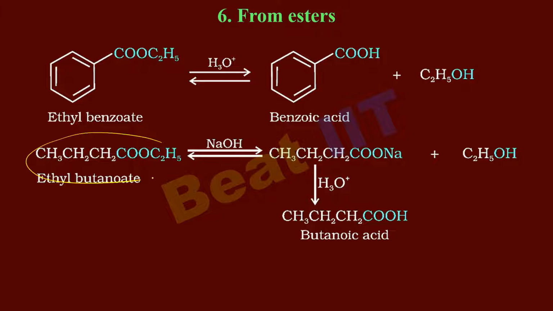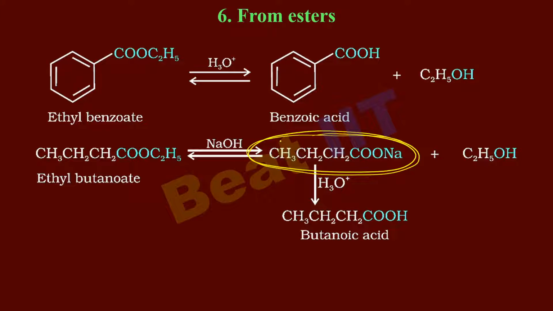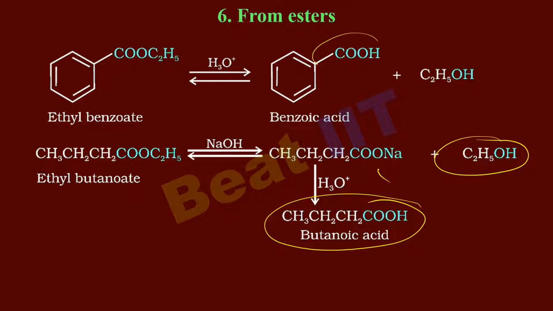Similarly, in this case, this is an aliphatic ester. In this case, we preferably use a strong base. It is hydrolysis, but normally, to get the salt of the acid first, we use base here. The final products are similar in both cases: acid and alcohol.